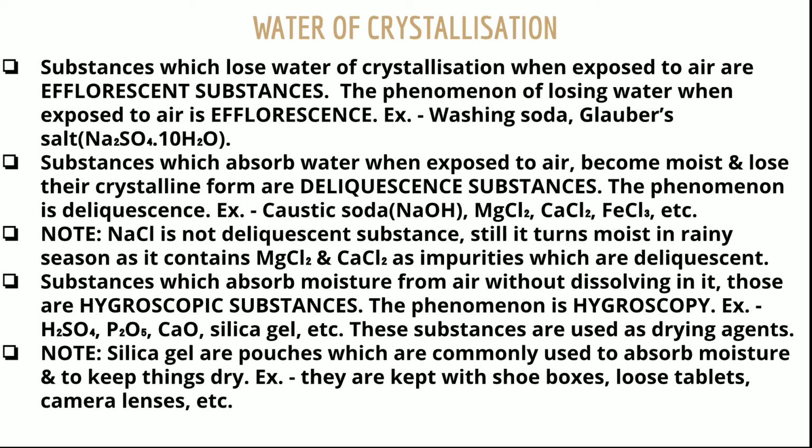Note that sodium chloride is not a deliquescent substance, but especially during the rainy season, we see that sodium chloride becomes moist. Why? Because it contains magnesium chloride and calcium chloride as impurities, and those substances are deliquescent, and that's why it becomes moist.